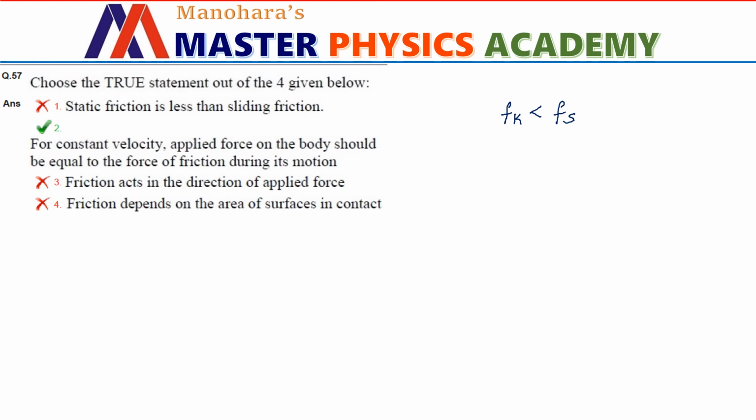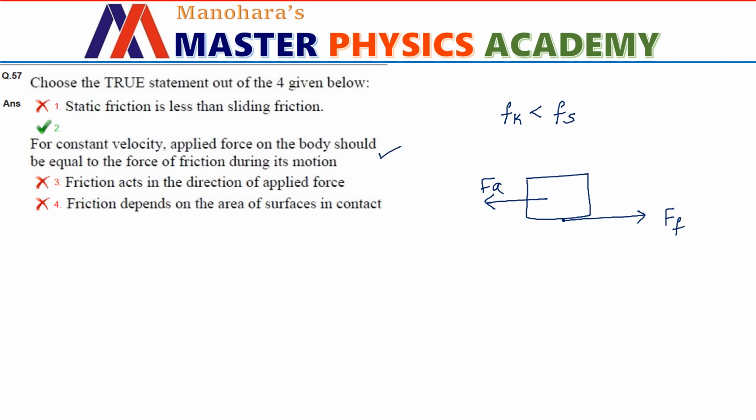So this is true, but here they have given the opposite. Option 2: For constant velocity, applied force on the body should be equal to the force of friction during its motion. Yes. There should not be any net force acting on the body for a constant velocity. That means the applied force should be cancelled out by the frictional force. Yes, option 2 is a correct statement.